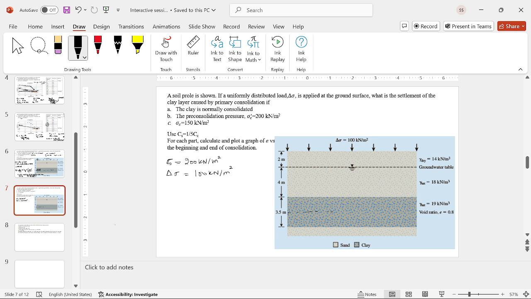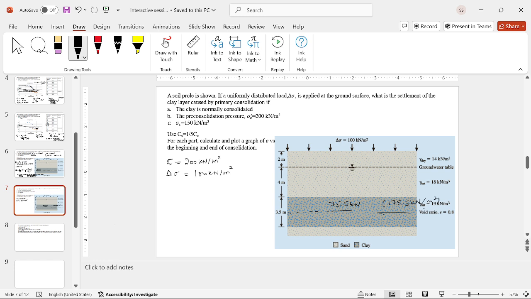So what will happen is that the maximum load that will be reached here is, initially it is 75.5 kilonewton, isn't it? So when you apply this loading, the total load here will become 175.5 kilonewton per meter square.